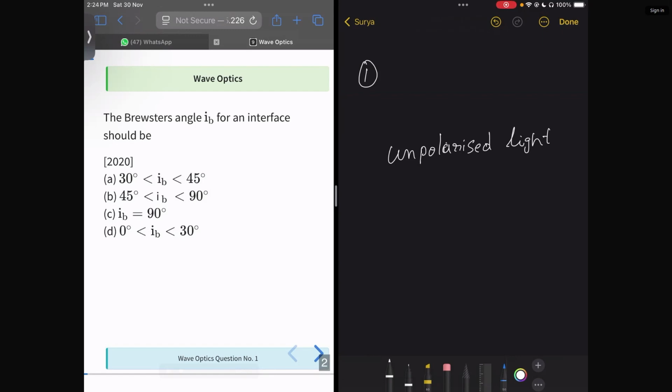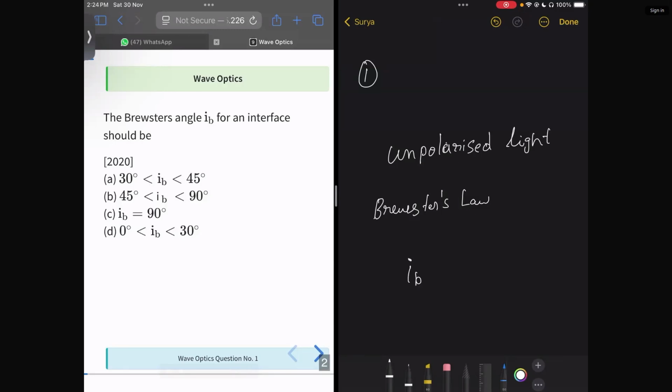According to Brewster's law, when unpolarized light is incident on the surface of a transparent medium at a specific angle, called the polarizing angle iB, the reflected ray becomes completely polarized.